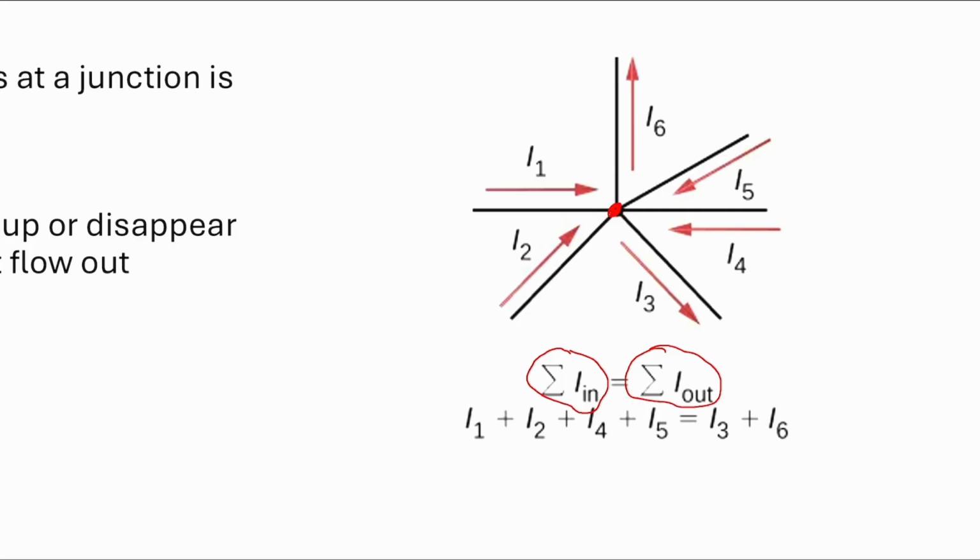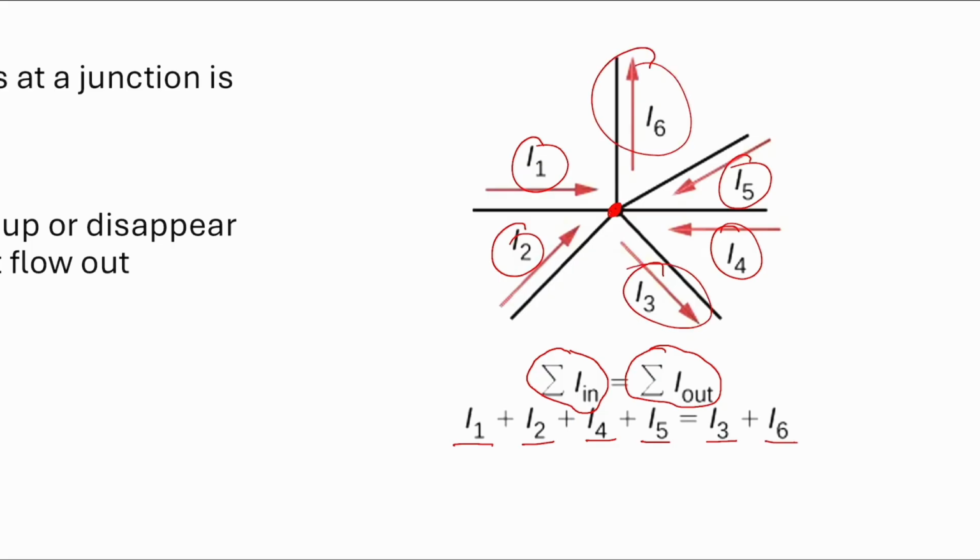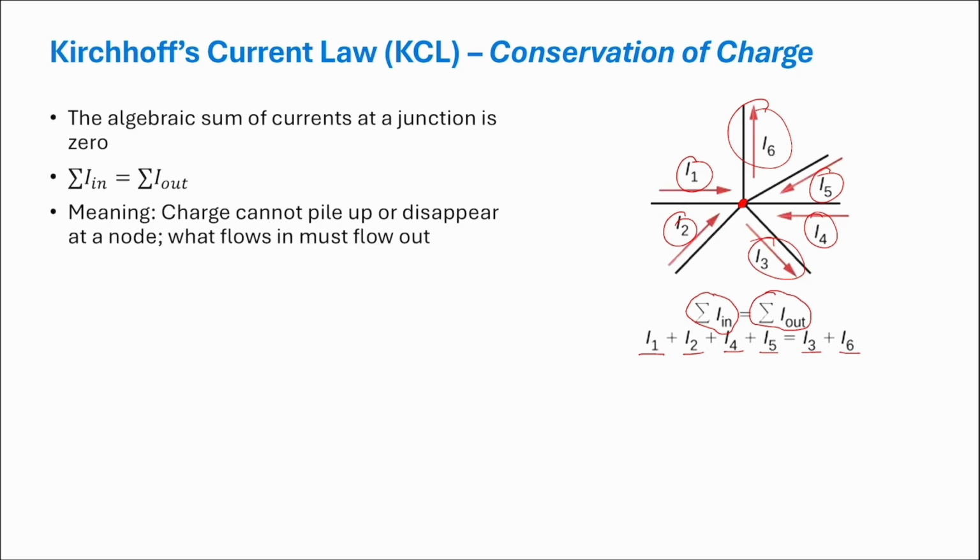So in this particular case, I1 flowing in, I2 in, I4 in, and also I5 in must equal the sum of I3, which is out, plus I6, which is out. The basic idea is conservation of charge.